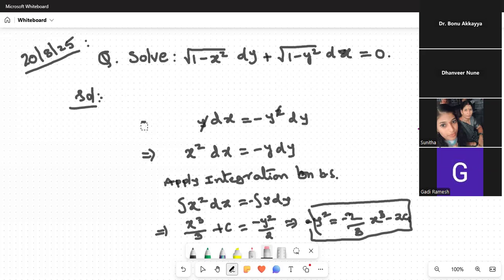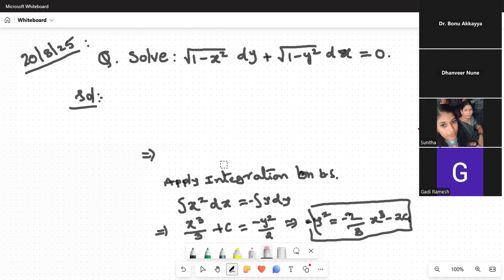If you want to solve this problem, you should remember all the formulas for integration. Otherwise, it is not possible to get the answer.